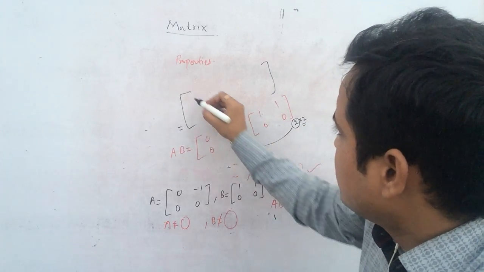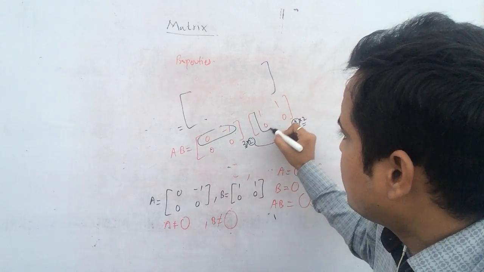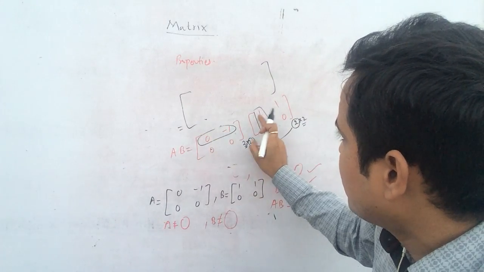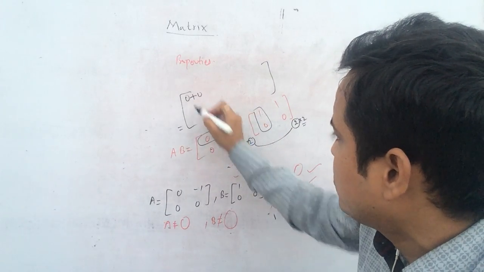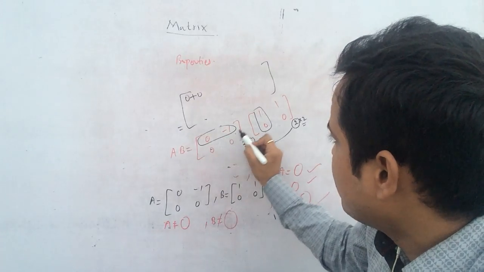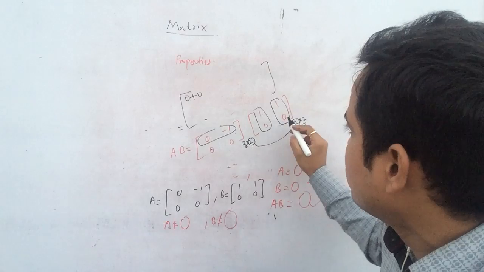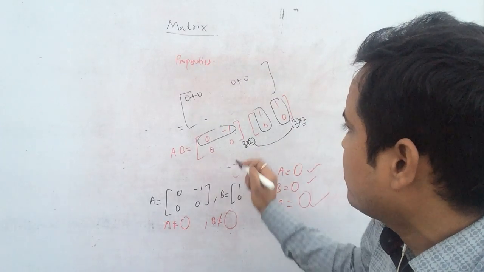2 cross 2. So here row 1 will multiply with column first. So 0 into 1 0 plus minus 1 into 0 0. Row 1 will multiply with column second. 0 into 1 0 minus 1 into 0 0, okay.